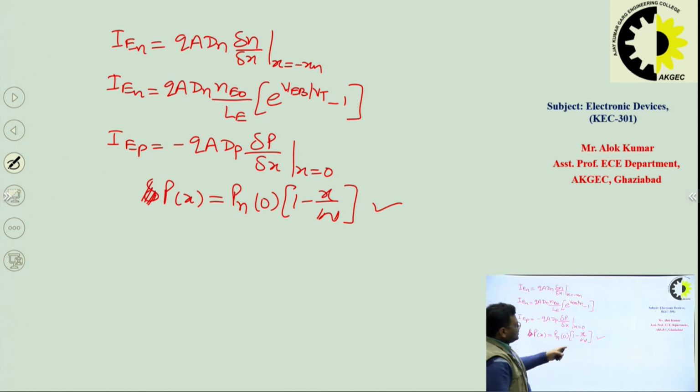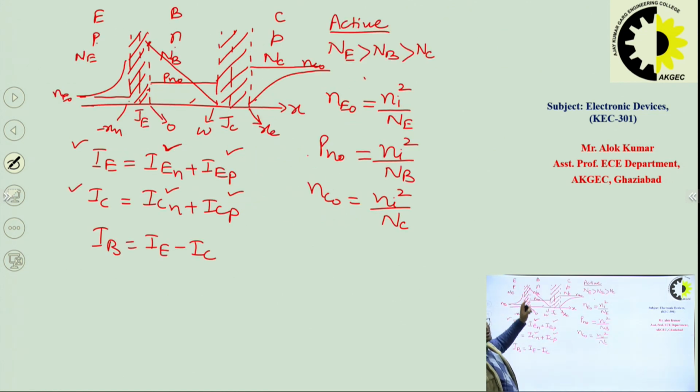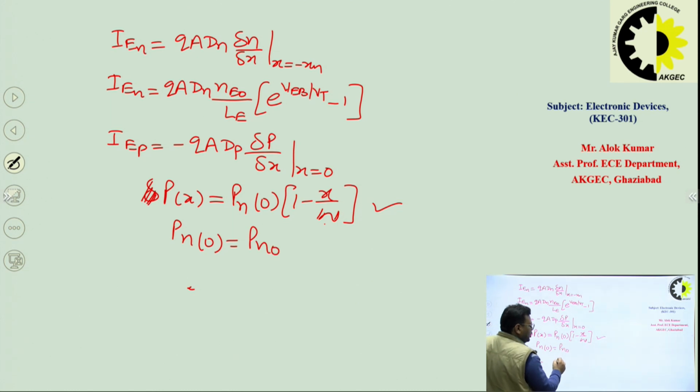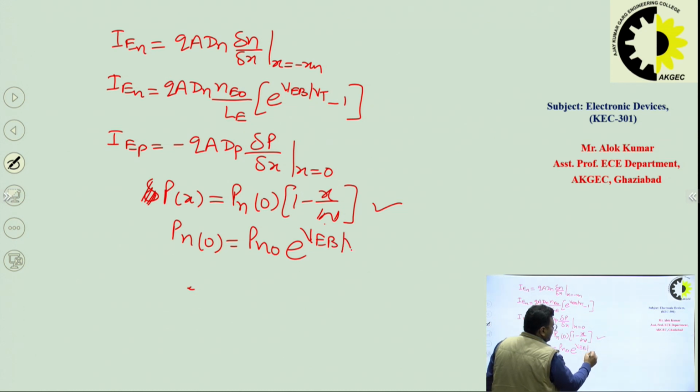At x equal to 0, if you put x equal to 0 here, then the concentration will be higher. At x equal to 0, the concentration is maximum, and if you put x equal to W, then the concentration will be 0. Okay, so this equation is perfectly indicating that situation. So now this Pn at 0 can be given as Pn0 times e to the power VEB over VT, right?